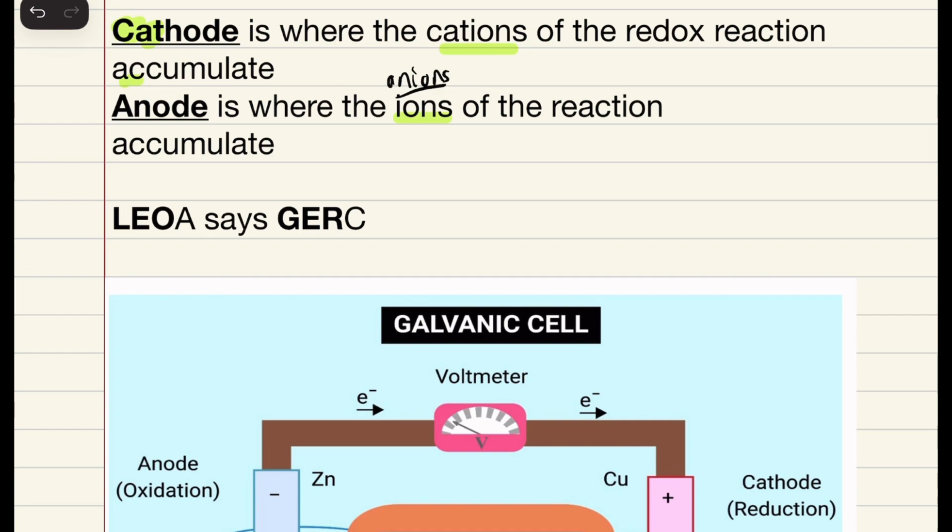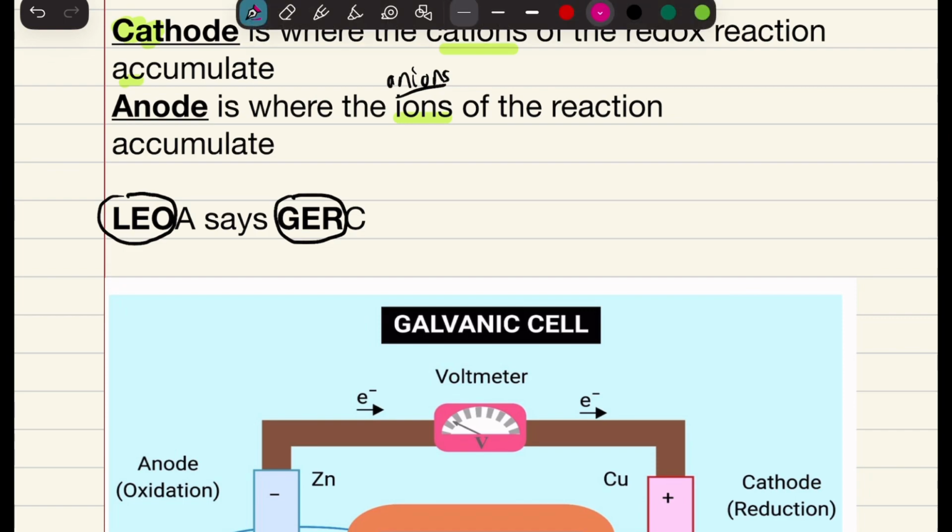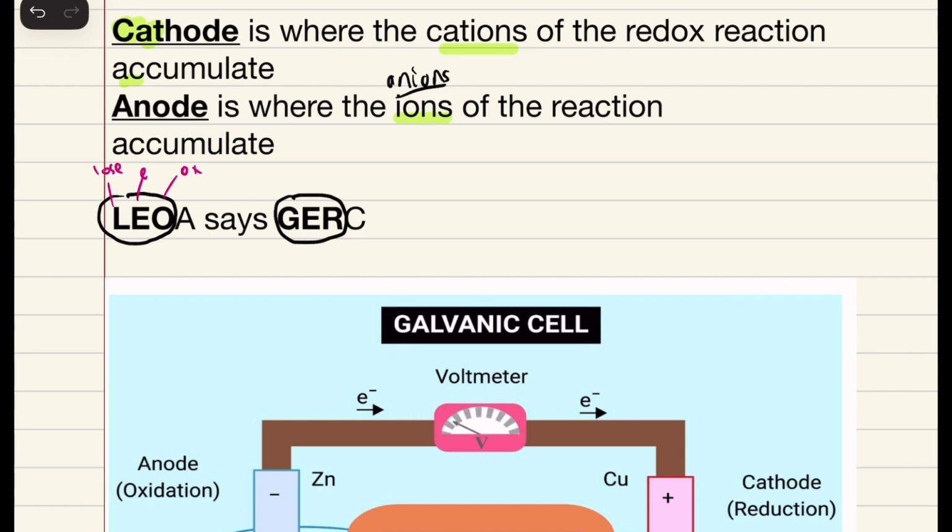So we have sort of a little acronym here, where we know that in the jungle, the Leo says GER. And in terms of what this stands for, well, Leo would be losing electrons, would be oxidation, and then gaining electrons, GER, would be reduction.